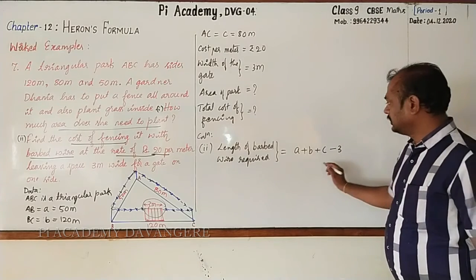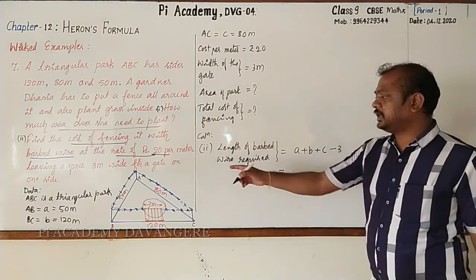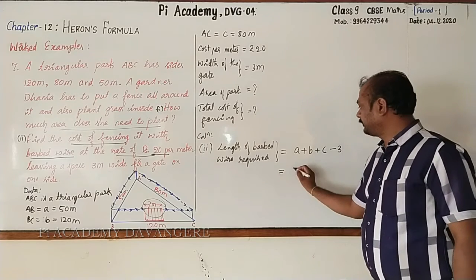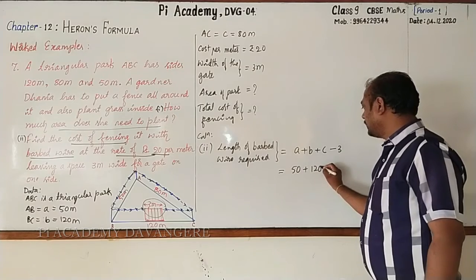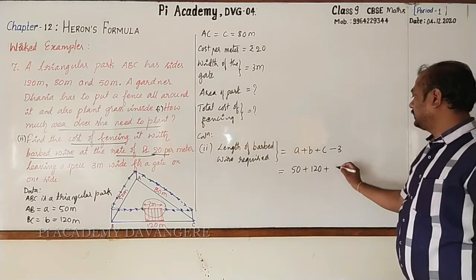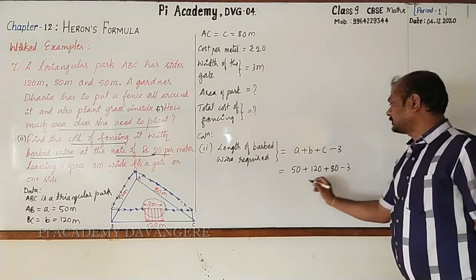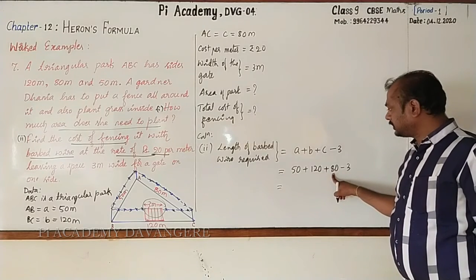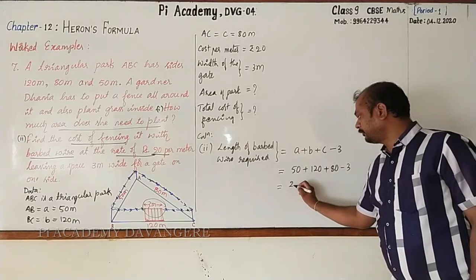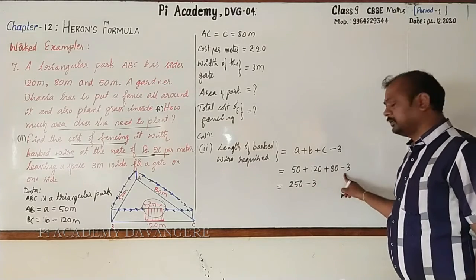Got it? Now this is equal to, what is A? A is 50 meter, B is 120 meter and C is 80 meter, minus 3. It is 120 plus 80, 200 plus 50, 250, minus 3. How much?